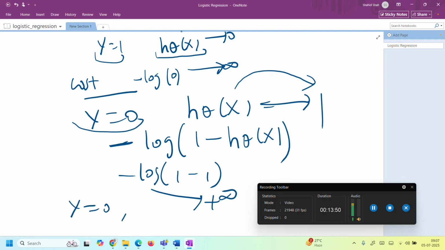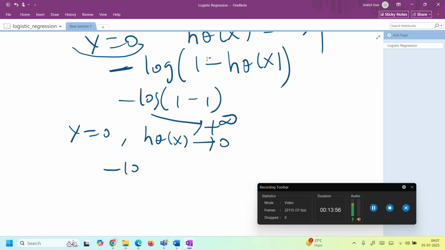And if again y is 0, but h theta of x also tends to 0, it means the decision is correct. So what will be its value? Minus log of 1 minus h theta of x, which is minus log of 1, which is 0. So the cost function tends to 0. And definitely we need to minimize the cost function, so it will try to decide the model parameters accordingly.